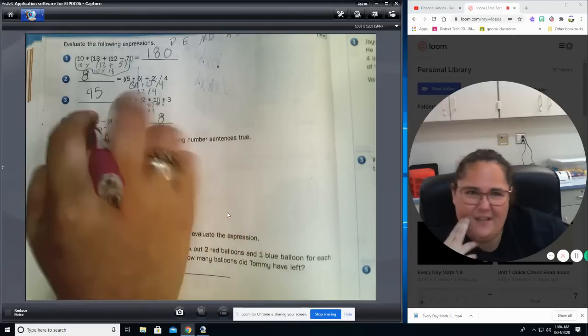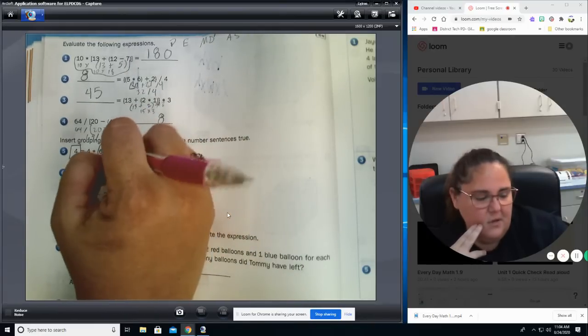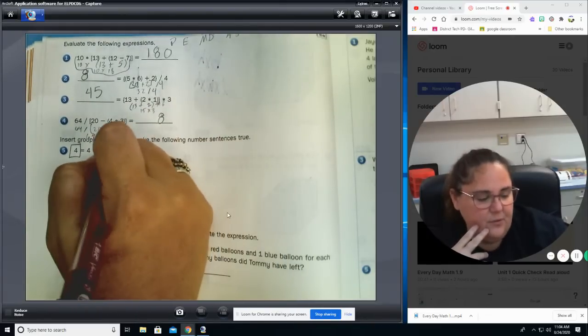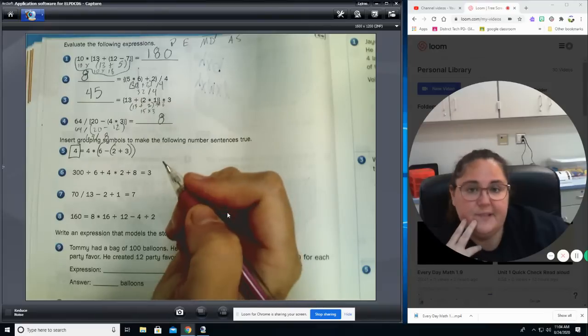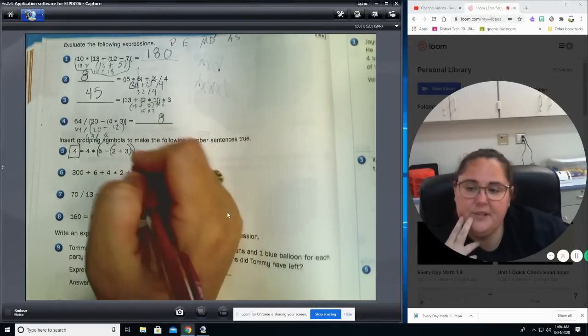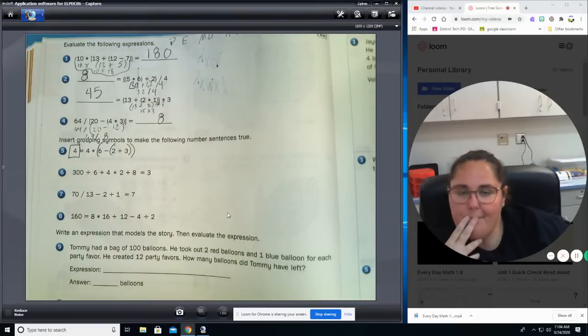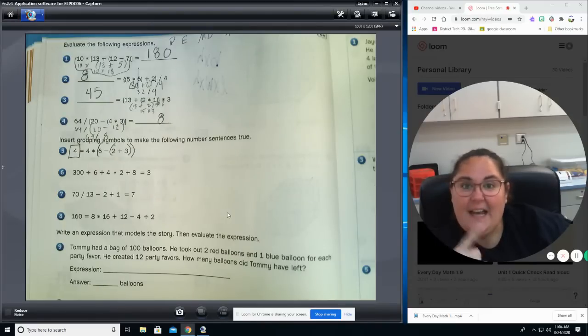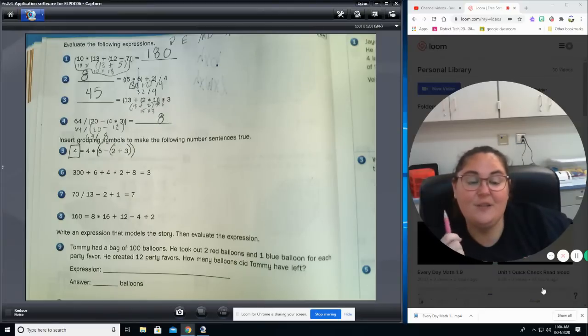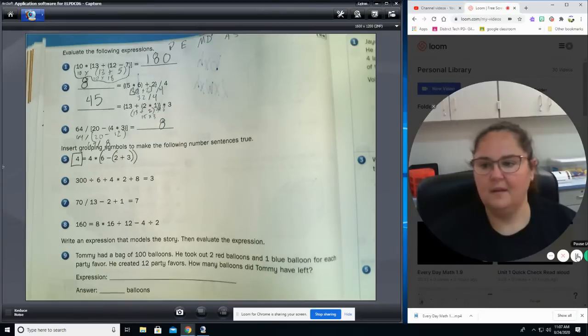The answer is 7. It doesn't work. Okay, what happens if I do 2 plus 3 first? What is 2 plus 3? 5. 6 minus 5 is 1. And then multiply that by 4. My answer is 4. So that's how you're going to do this problem.